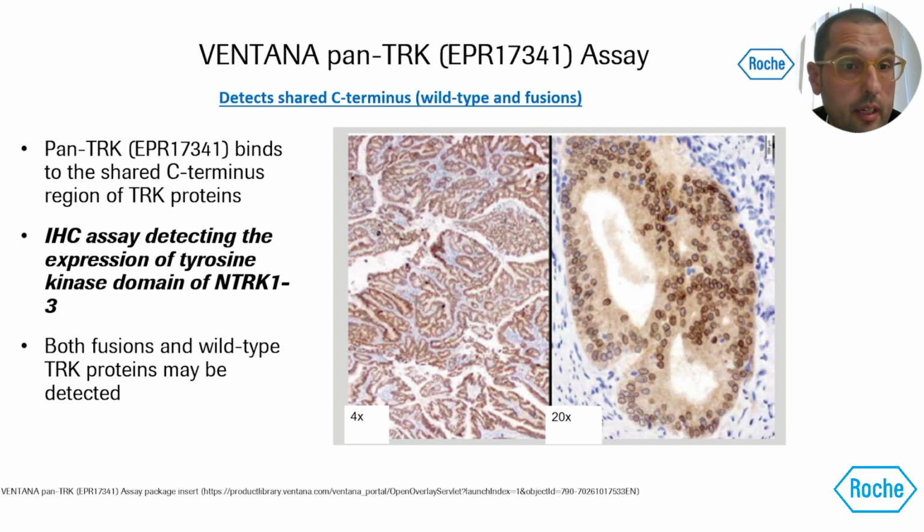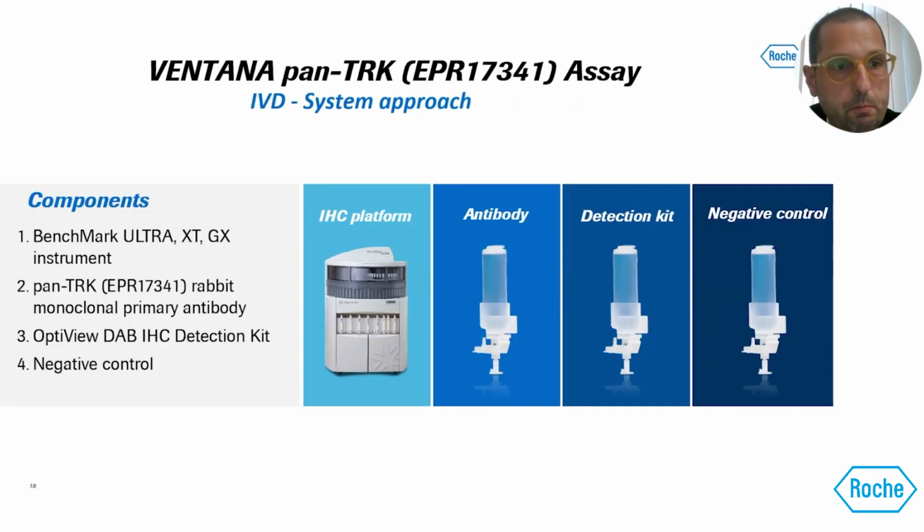This antibody binds to the shared C-terminus region of TRK proteins. Importantly, this antibody detects both fused and wild type NTRK proteins. On the image, you have a nice expression of NTRK protein as determined by the Ventana pan-TRK assay.